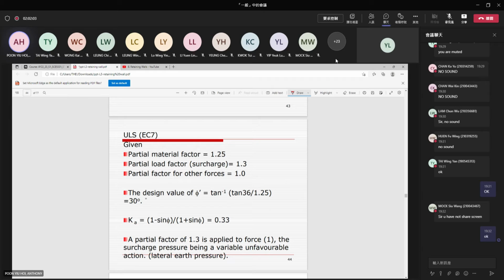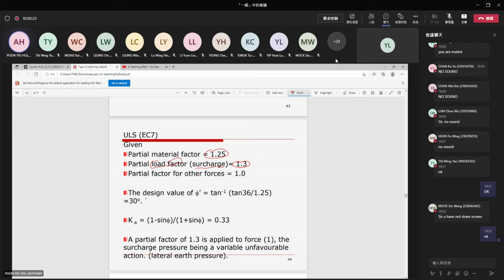So you have a different load factor for a loading. For example, you have a different factor for surcharge. The surcharge is loading. And then you have a different factor of safety for the material.